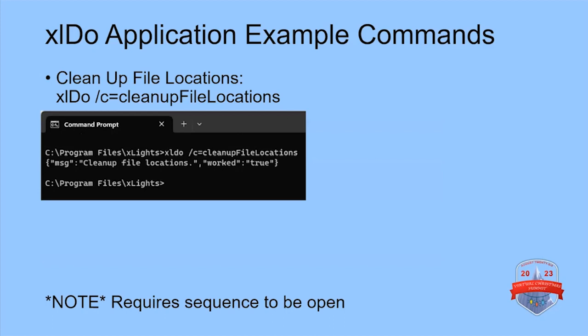Now, if you don't know what this is, I believe it was Keith that wrote the application. It attempts to clean up file locations within a sequence. If it can still find the images, the references in the sequence file, somewhere on your system, it will move those into the show folder, into an image directory or a video directory or shaders.